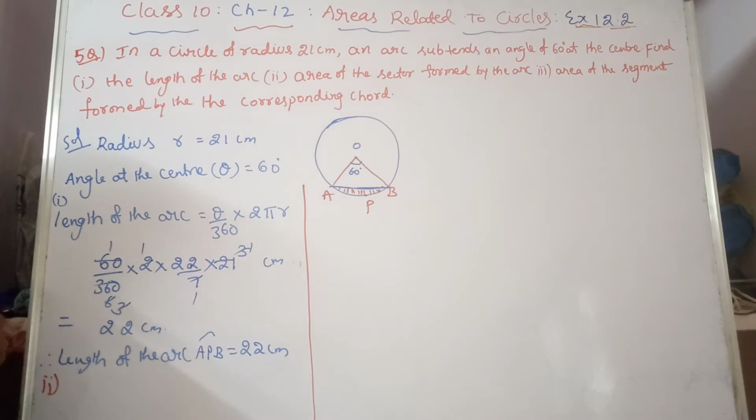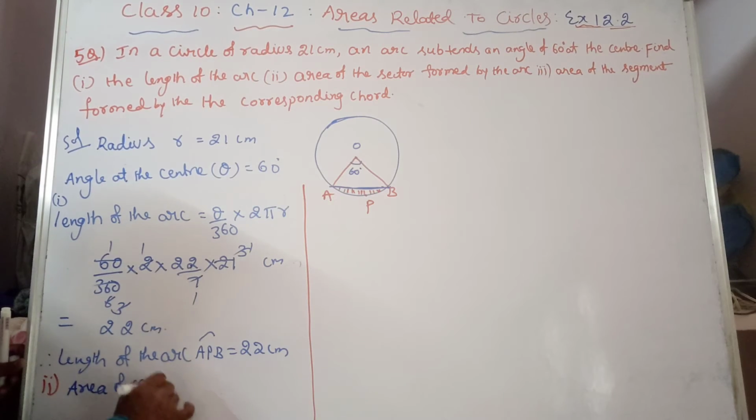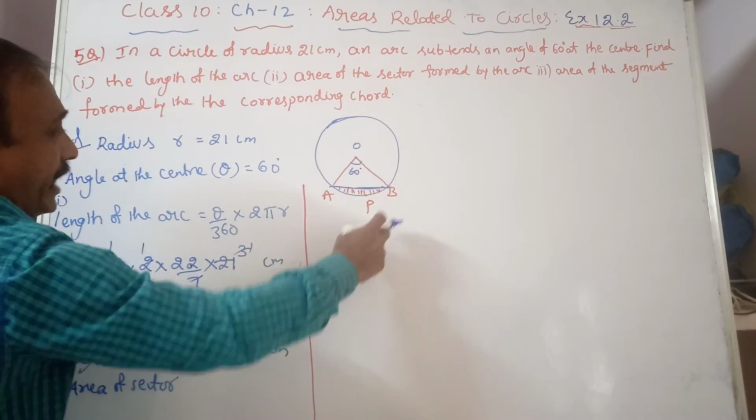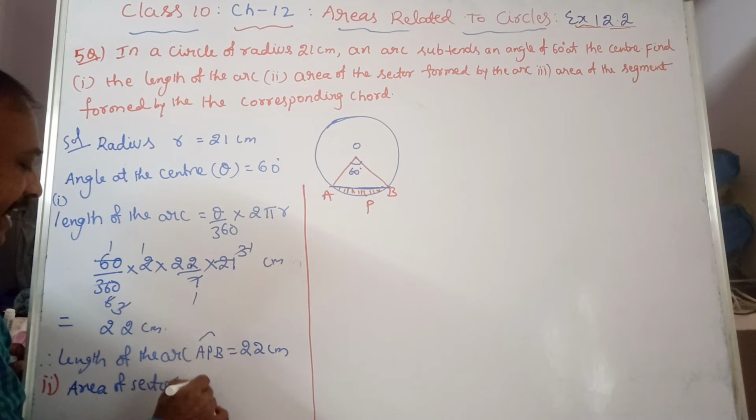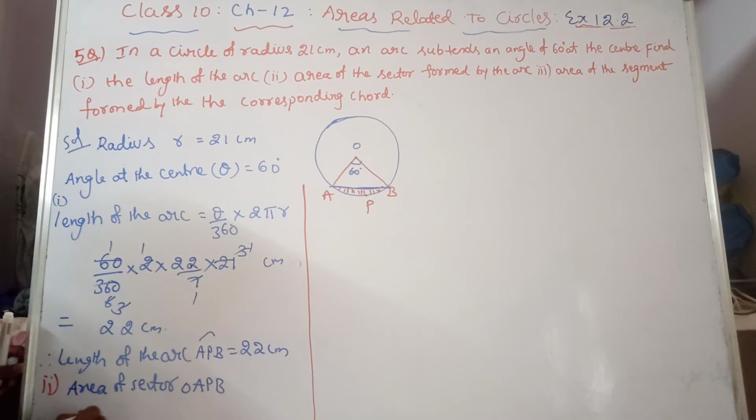Area of the sector is equal to, what is the formula? The sector formed here is OAPB, which is equal to theta by 360 into pi r square.